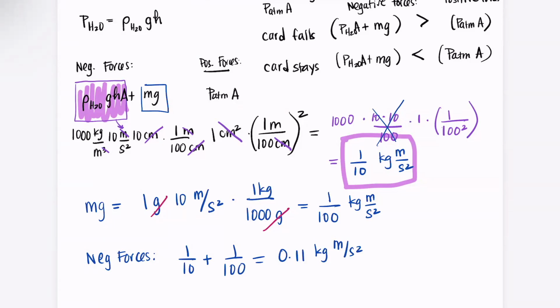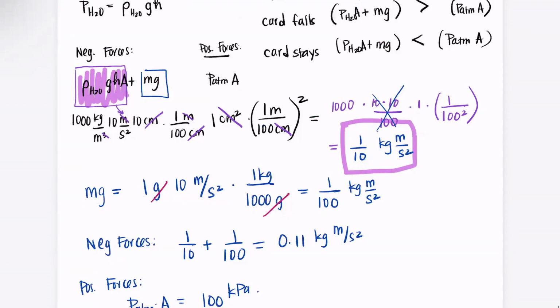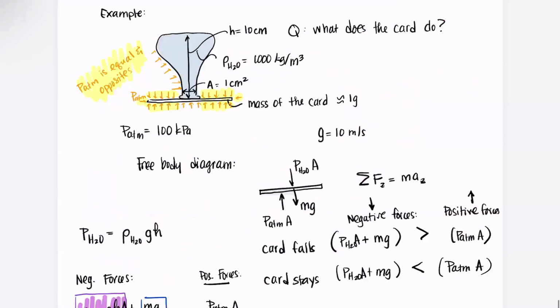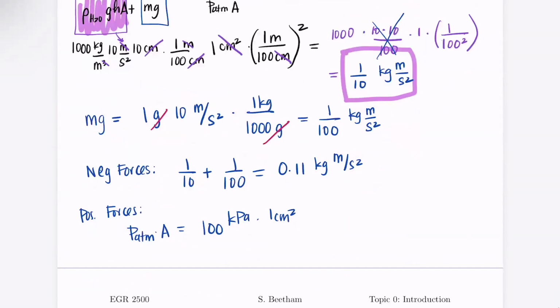Okay, now let's talk about our positive forces. So we have P atmosphere times A, which is 100 kPa, times our area, which is, what did I say it was again? 1 centimeter squared. And we're going to need to convert this too.